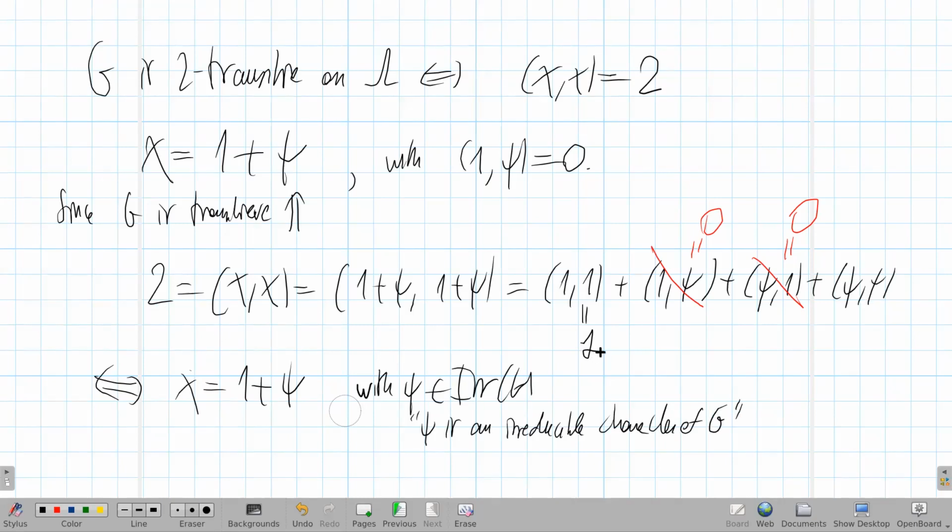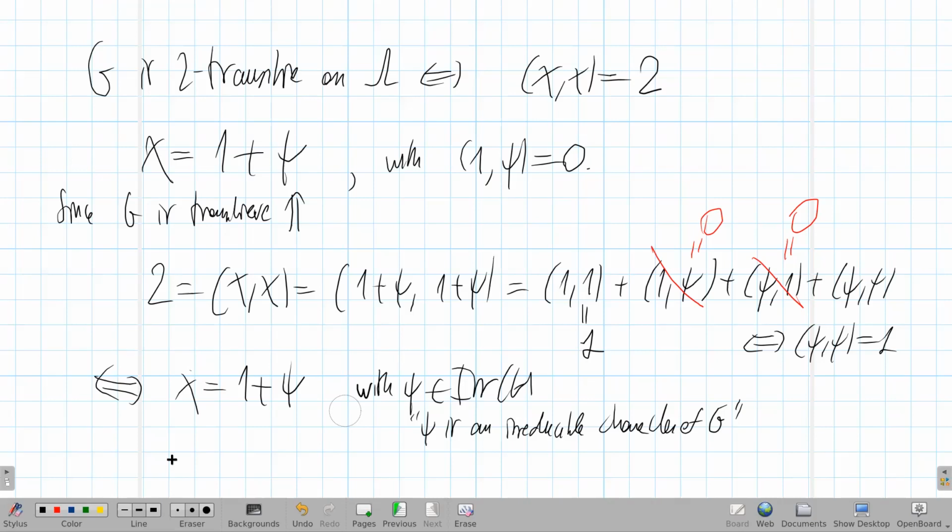Because you have 2 equals 1 plus something, so the inner product of psi with itself is 1. And the orthogonality relations tell you that a character is irreducible if and only if the inner product with itself is 1. Okay, so this is important. G is 2-transitive on omega if and only if chi is 1 plus psi, where psi is also irreducible. This is the trivial character, which is always irreducible.